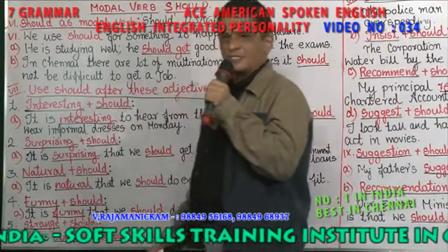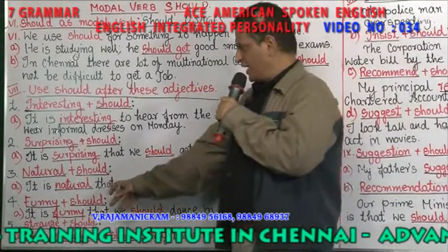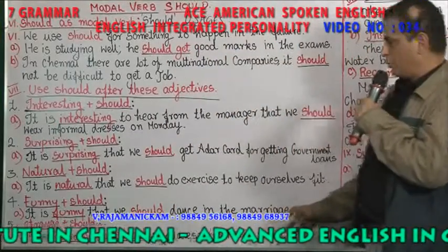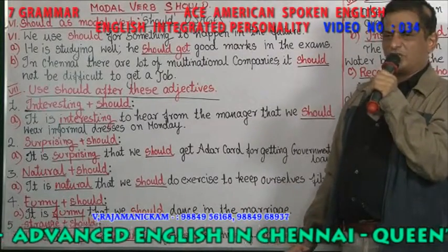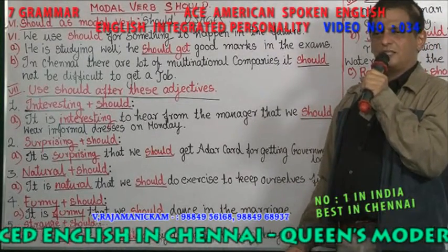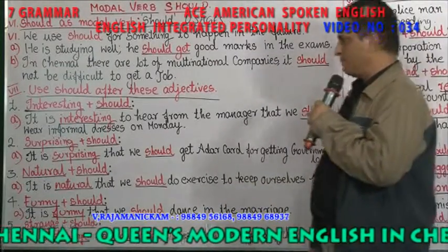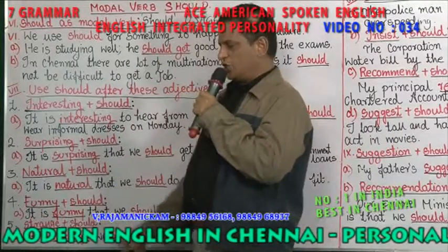Funny, something humorous. You are using funny with should. It's funny that we should dance in the marriage. It is entertainment, a humorous thing. Strange, something different. Strange is an adjective used with should.